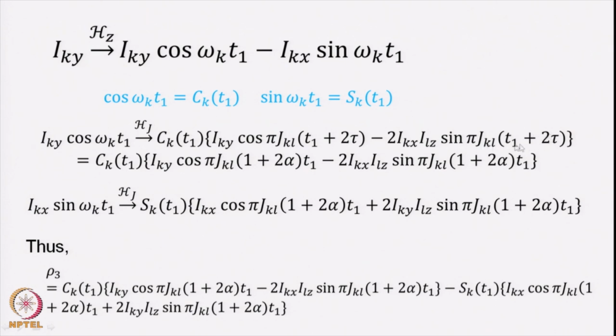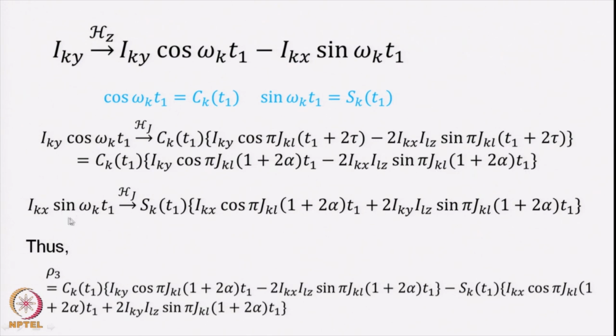Notice here, this is the important point, the coupling evolution is happening for the entire period T1 plus 2 tau. Therefore, the time dependent term here is T1 plus 2 tau, and when you explicitly put the value of tau, then you get CKT1 IKY cosine pi j k L (1 plus 2 alpha) T1 minus 2 IKX ILZ sin pi j k L (1 plus 2 alpha) T1.